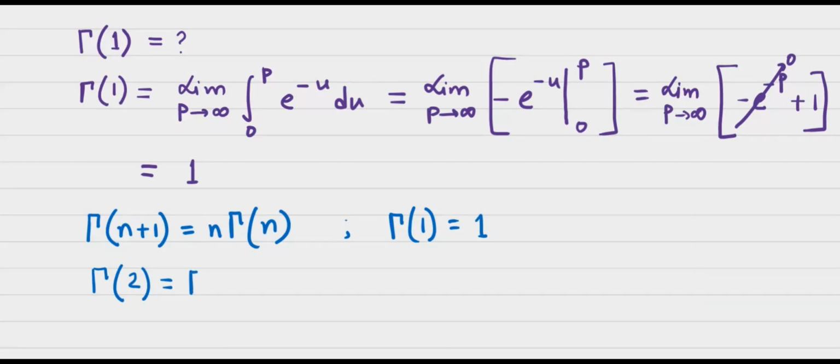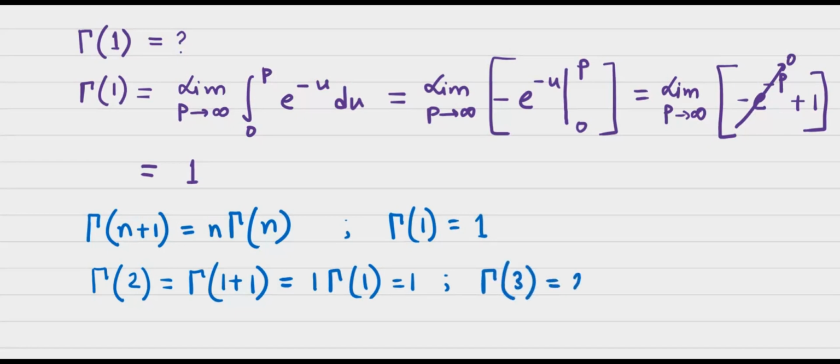Gamma of 2 is gamma of 1 plus 1, and that is going to give us 1 times gamma of 1, which is simply 1. What about gamma of 3? That would be 2 times gamma of 2, which is simply 2 times 1. We can write that as 2 factorial. What about gamma of 4?